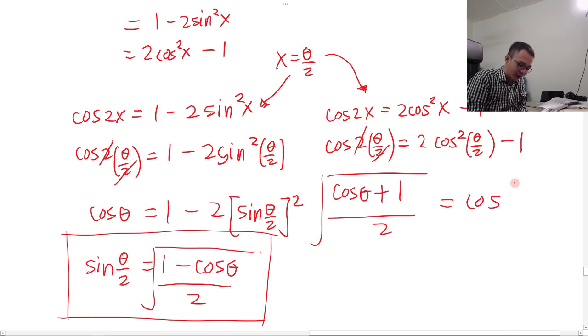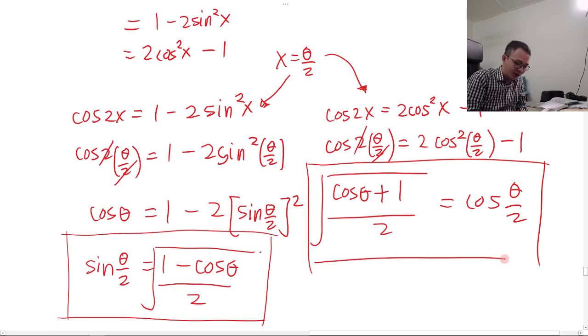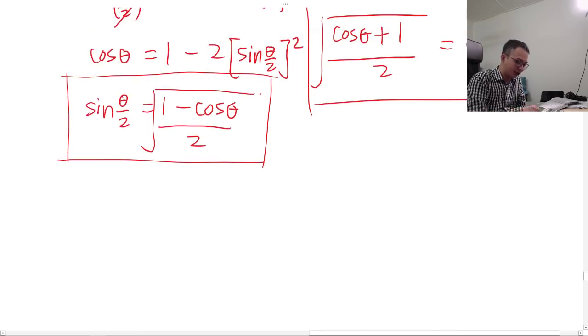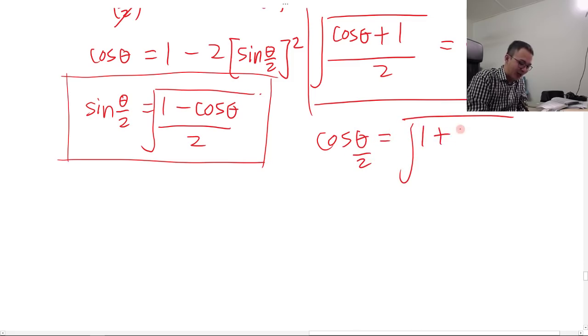So therefore, cos theta over 2, you should get this. Write down these two. So cos half angle, you will get the square root of cos theta plus 1 over 2. Or you can rearrange it a little bit to look alike to the sine one: theta over 2, I will write 1 plus cos theta over 2. Then you might see they are quite similar: this is 1 minus cos theta, this is 1 plus cos theta.